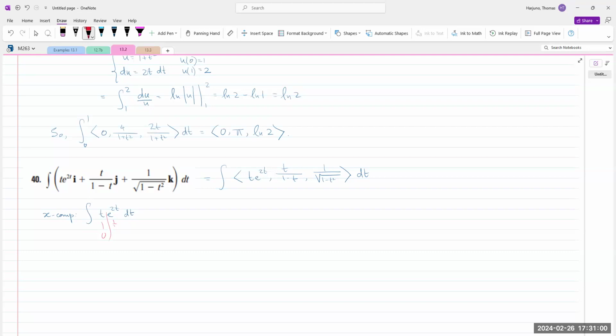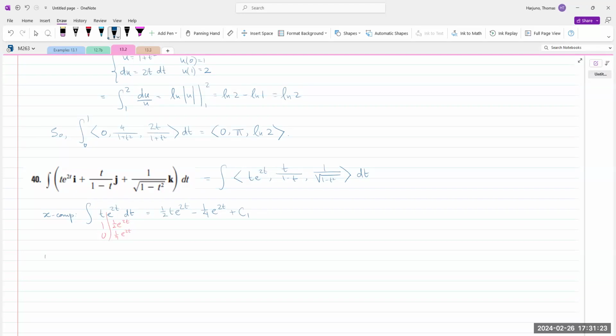So this is 1/2 e to the 2t. This is 1/4 e to the 2t. So the integral will be 1/2 t e to the 2t minus 1/4 e to the 2t. Of course, don't forget plus a constant. I call that C1 for the x component.